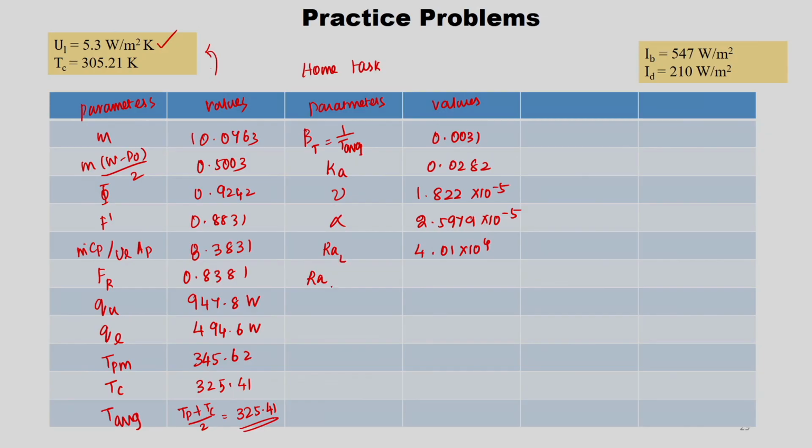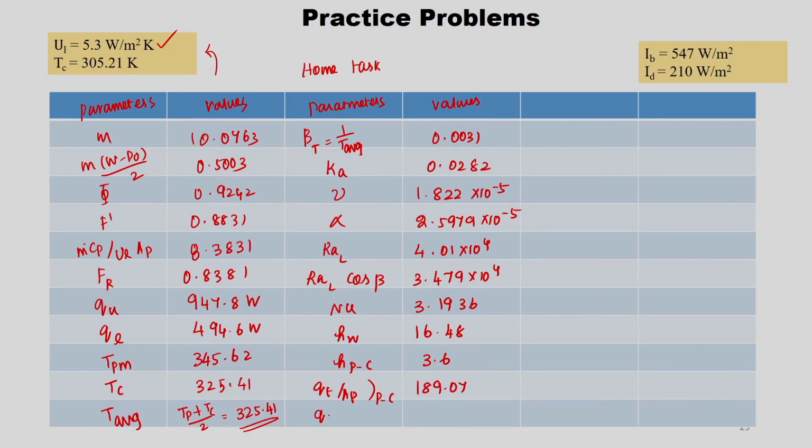Then we are supposed to calculate RAL cos beta, which is nothing but 3.479 into 10 to the power of 4. Nusselt number calculated is 3.1936. HW is 16.48. HPC is 3.6. QT upon AP for plate to collector system is 189.07.